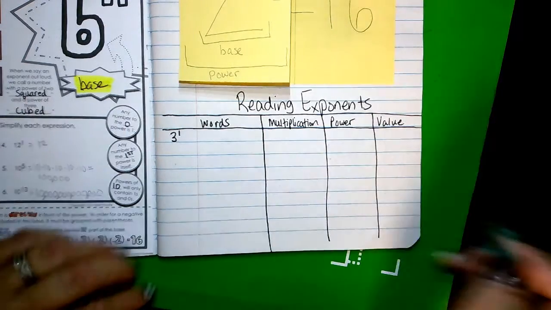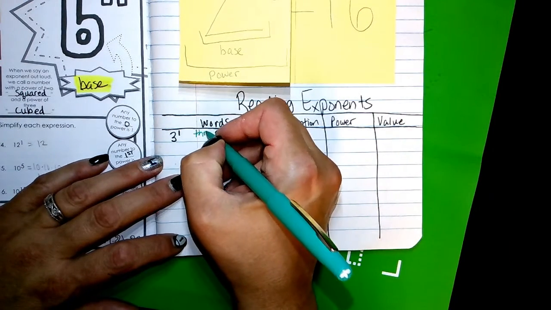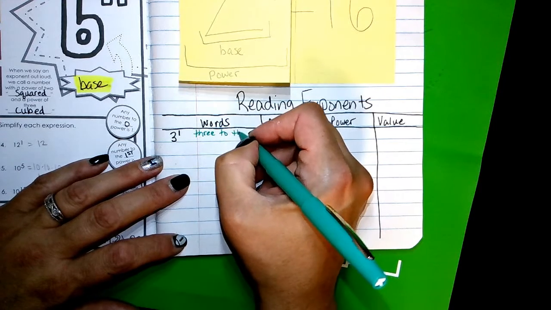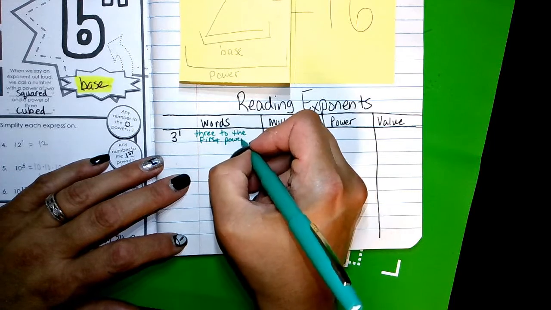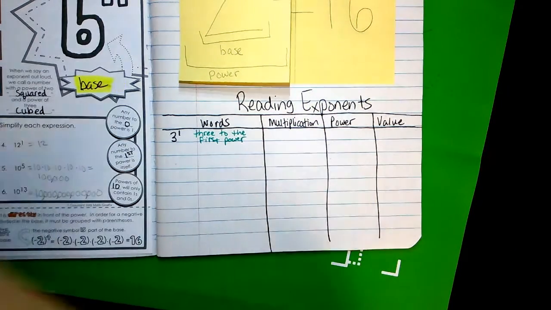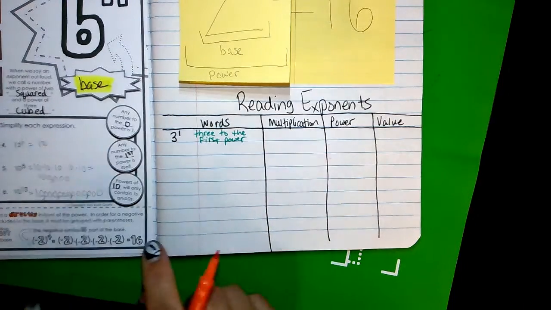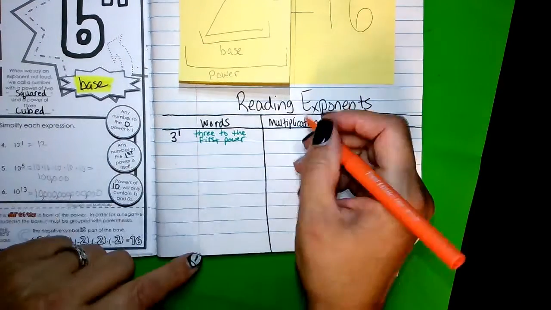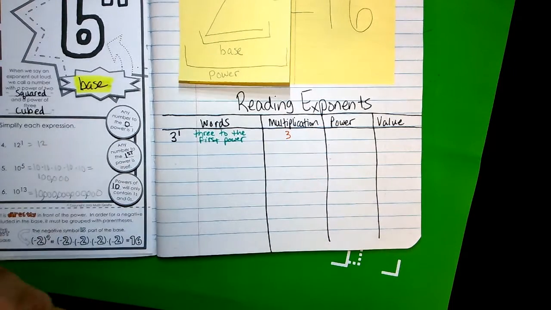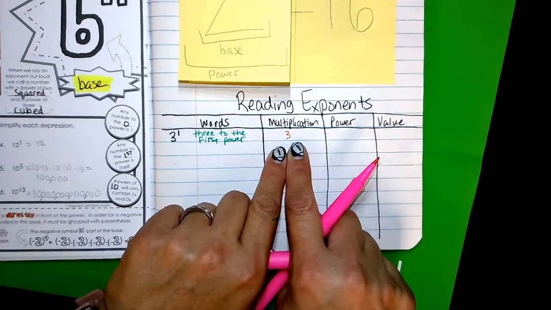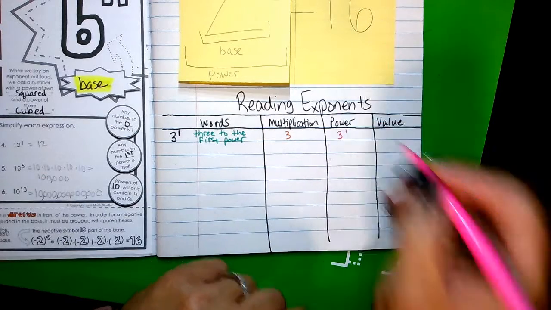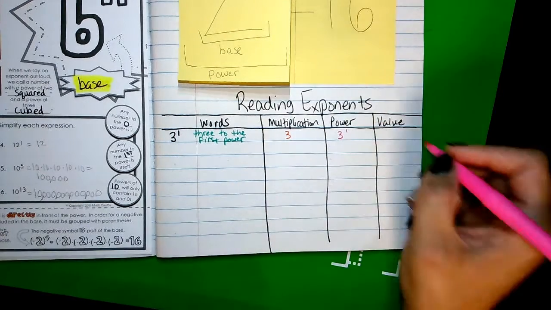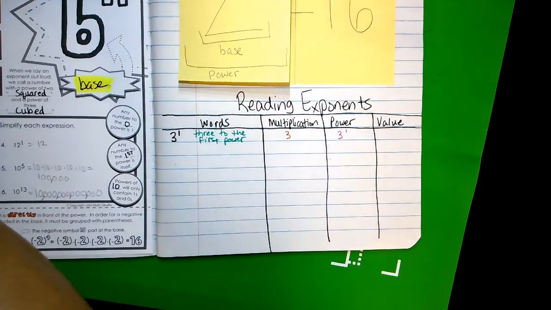And so I'm going to write 3 to the first power. And what that looks like as a multiplication problem would be, we know any number to the first power, it's only going to be represented one time, which means it's going to be itself. And so this is what it looks like as a multiplication. Our power is going to be 3 to the first power, and our value is going to simply be a 3.